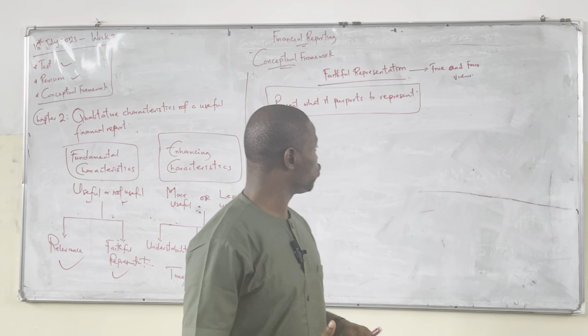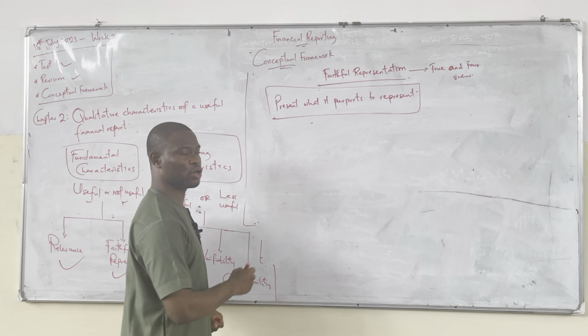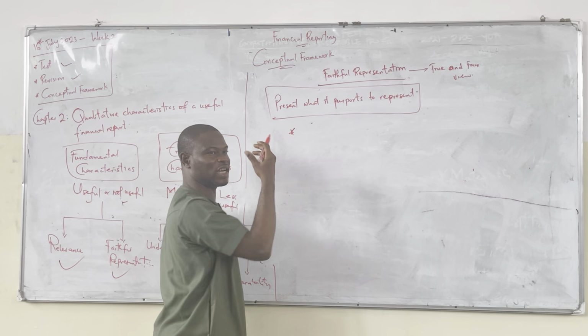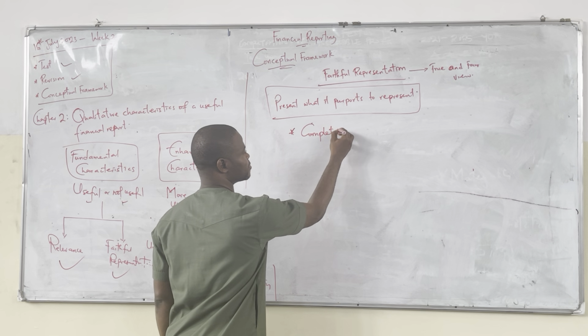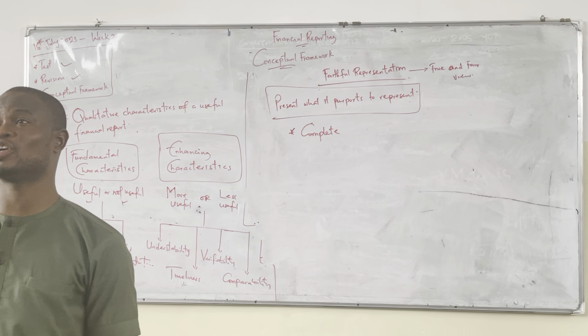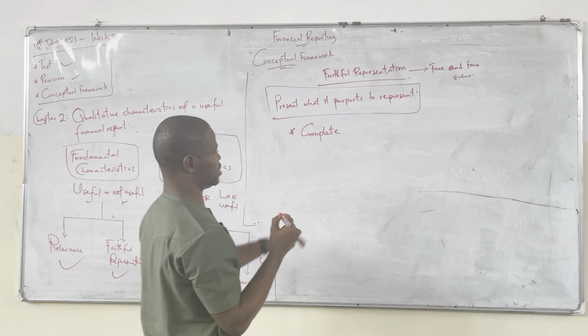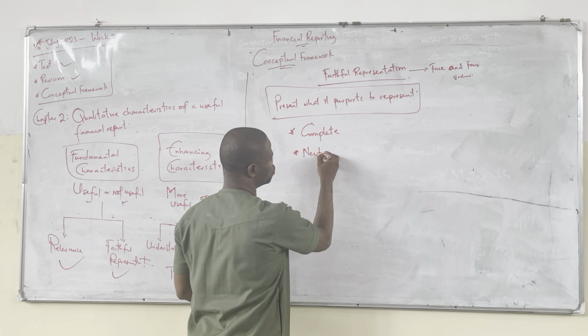Now, when you want to achieve that, three things must happen. One, you must depict your economic activities completely. The information you provide must be complete. Two, it must be neutral.